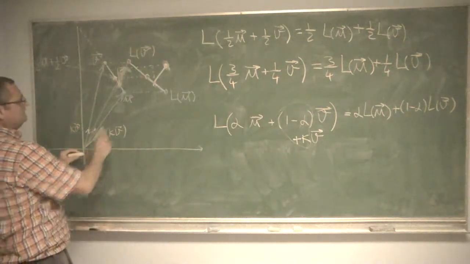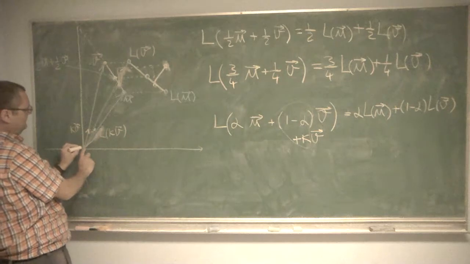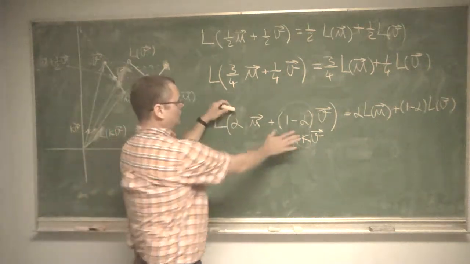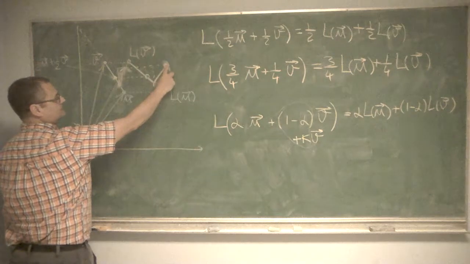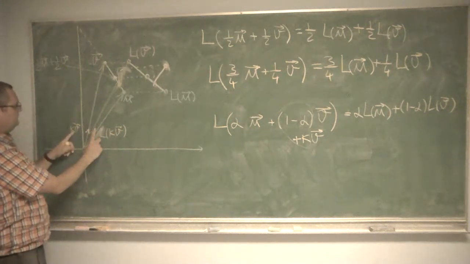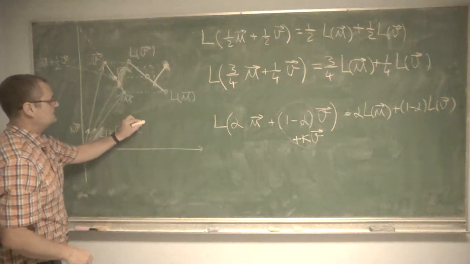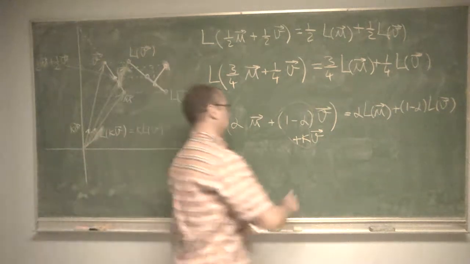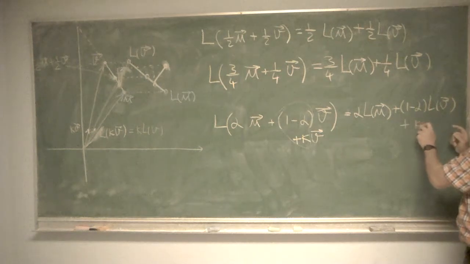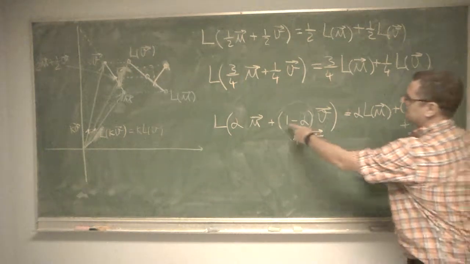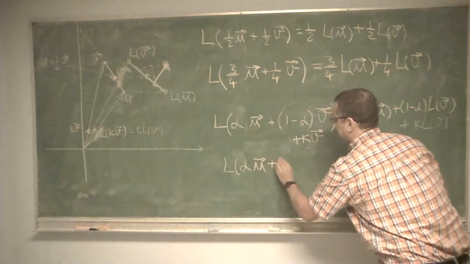But this vector from origin to here is exactly the sum of vectors from here to here, which is L of just this part, and plus this vector, which is nothing but the image of kV, that is L of kV, but as I said, by similar triangles, that's k L of V. So if I add this term kV here, I will also add here kL of V. And so now 1 minus alpha plus k, if I denote by beta, what I get is alpha u plus beta v.